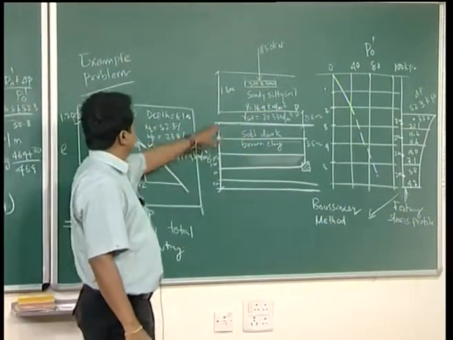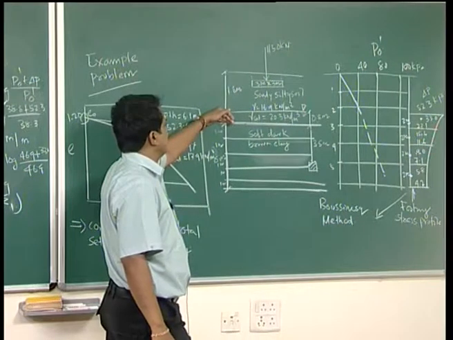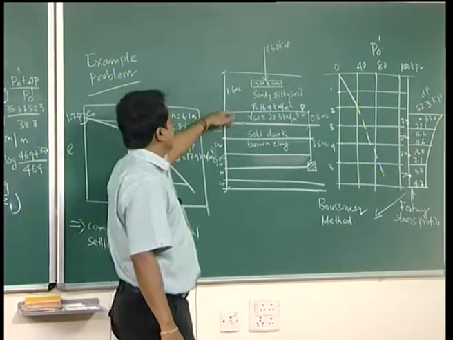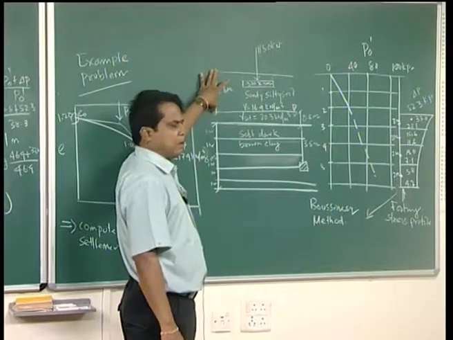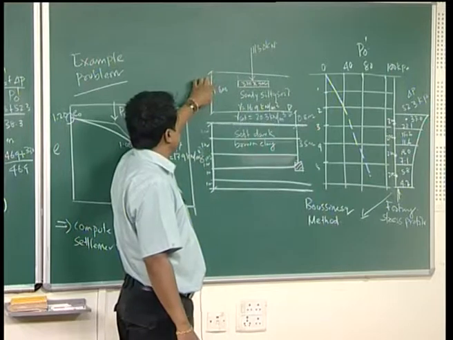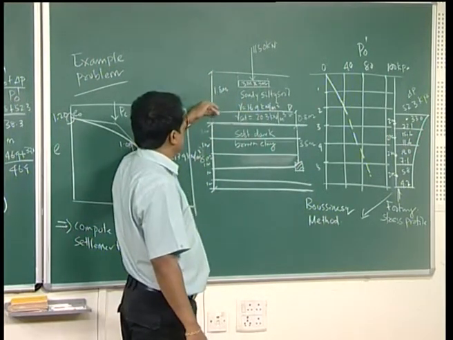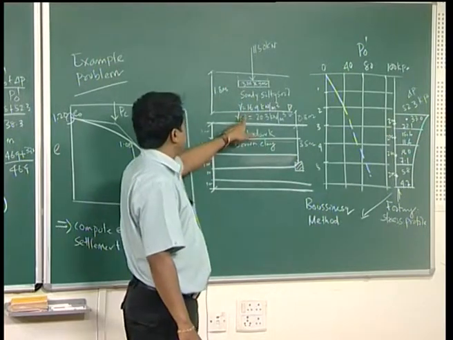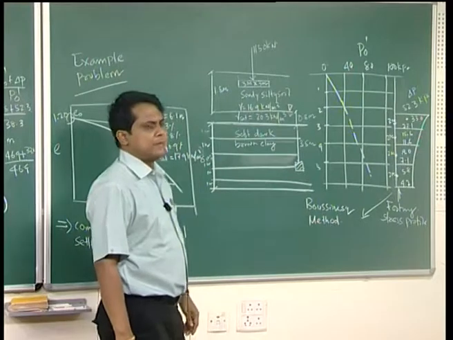With this 1 meter, what is your P0 prime? If you look at the calculation, P0 prime has been done. This is above, this soil has no water table effect. So, that is why 1.8 into gamma 16.9, and below this 1.8 there is a water table. So, once the water table is there, you have to use submerged unit weight.